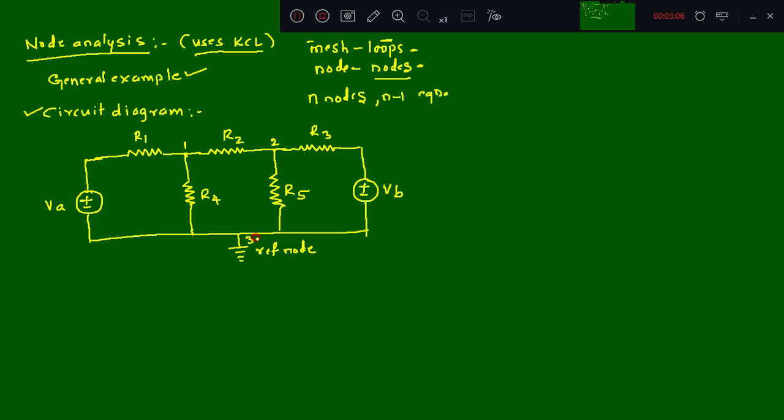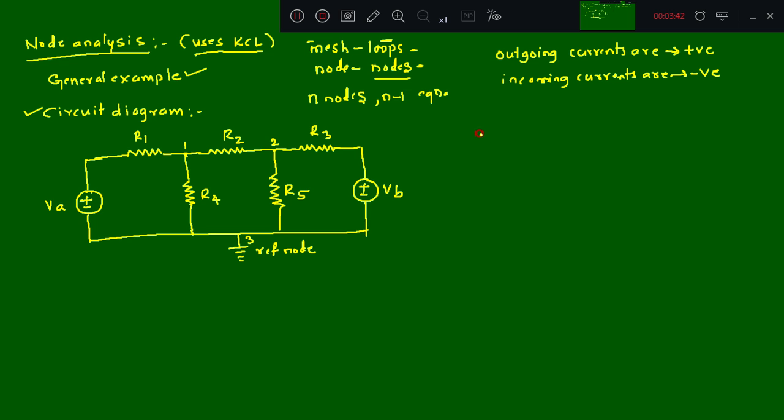More important, in mesh analysis we apply KVL, but in node analysis we apply KCL. The most important thing is that outgoing currents are considered as positive, and incoming currents are considered as negative.